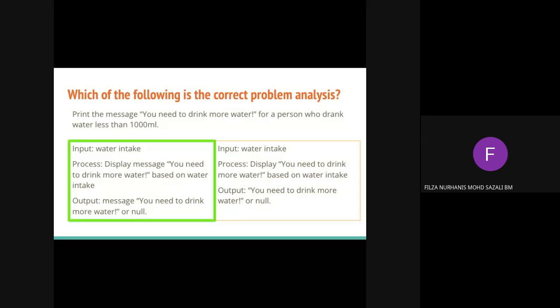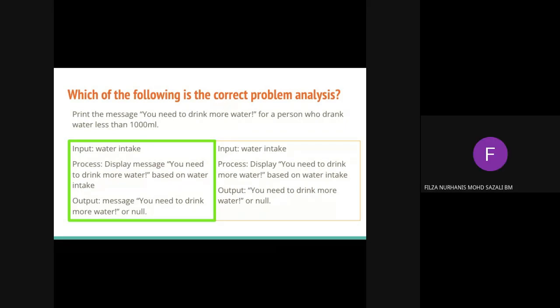Sebab apa? Sebab tadi kawan awak dah sebut tadi, sebab ada message. When you are writing, bila dia sebut pasal print message ataupun ada tanda 2 tu miss. Kanan tu miss sebab dia ada tanda 2 untuk message. Okay.